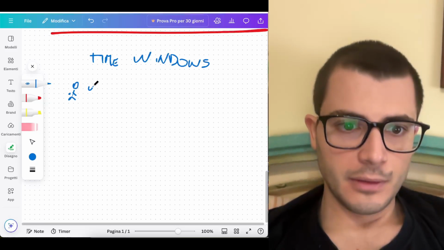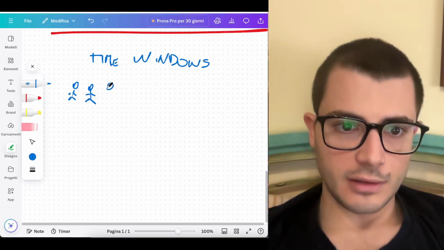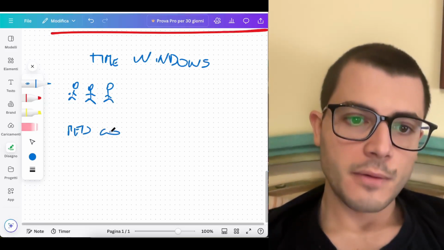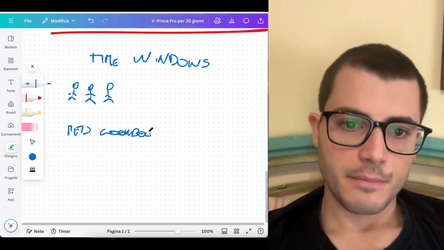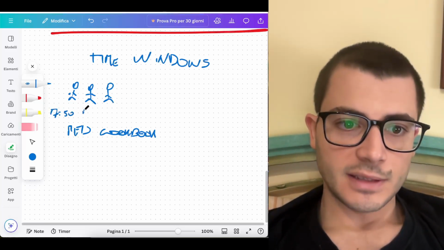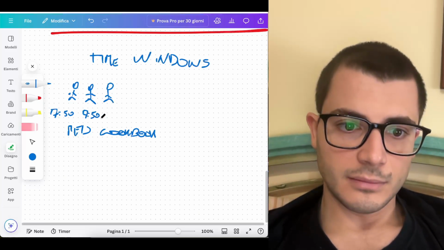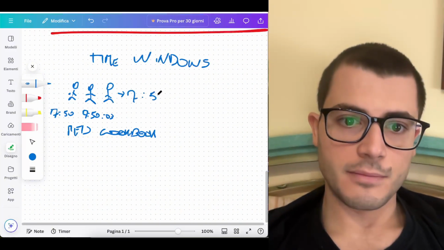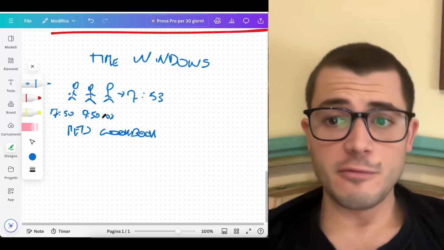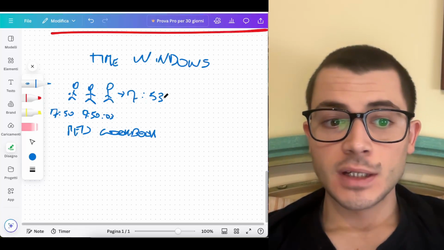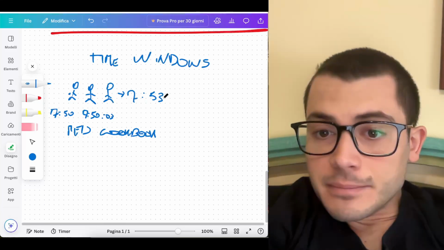At the same time, for example, this is 7:50:03, and this is 7:53, let's say. So these are 3 seconds apart, and this is a 3 minute difference in time.